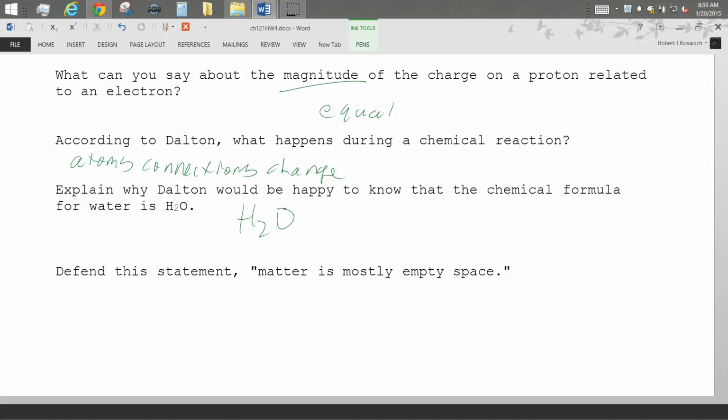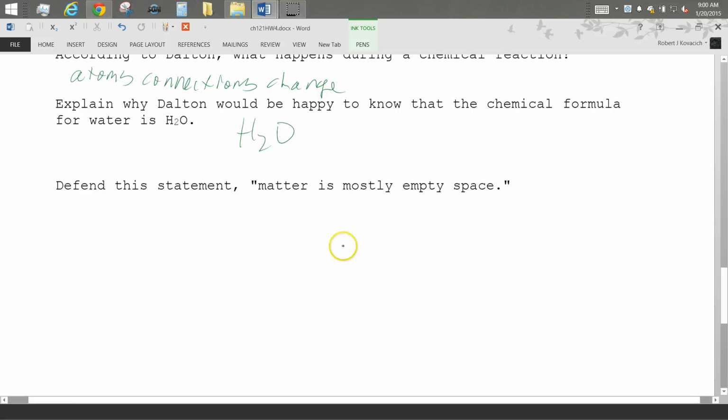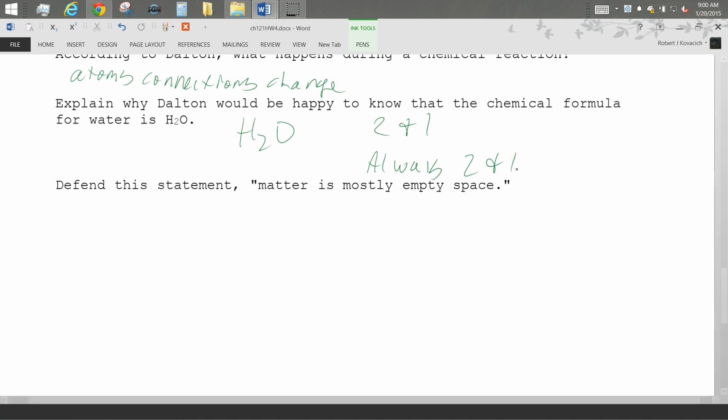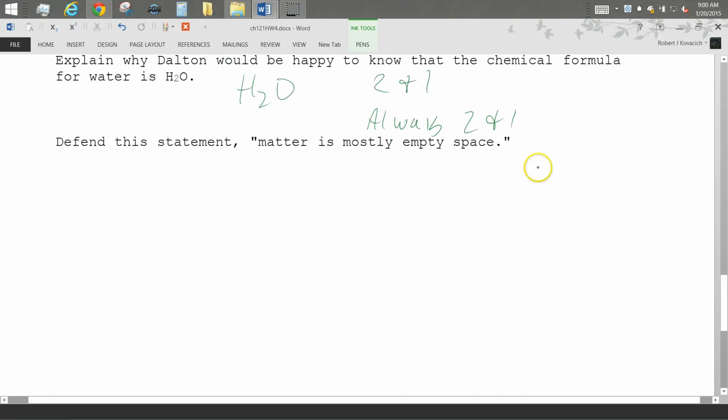How about this? Matter is mostly empty space. You can say that the atoms are made up of empty space.